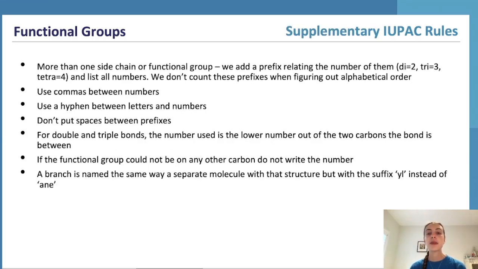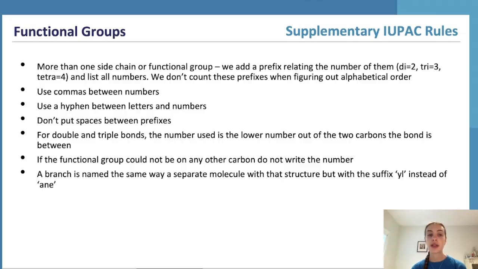So now we can look at some of our supplementary IUPAC rules. These are extra rules which help in making the naming a bit more clear. If we have more than one side chain or functional group, we need to add a prefix which relates to the number of them.